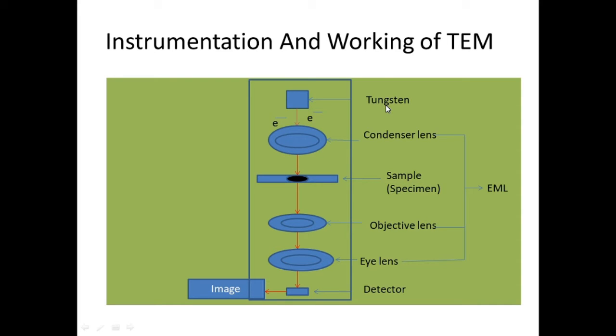So in TEM we use tungsten. When the tungsten filament is heated, it produces lots of electrons. But now the electrons must be focused through all these lenses, the condenser lens, objective lens, so that they reach the sample.